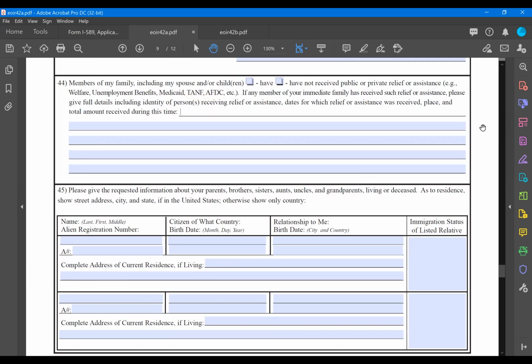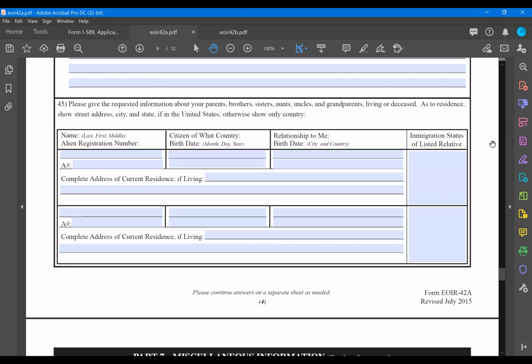So if the kids are getting food stamps and Sooner Care, for example, you will write that out. My child, Benny, has received food stamps since August of 2018. He has had Sooner Care since he was born in 2017. Just to explain it all out there.